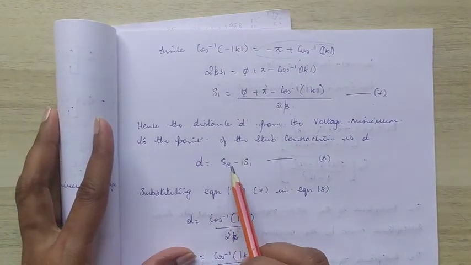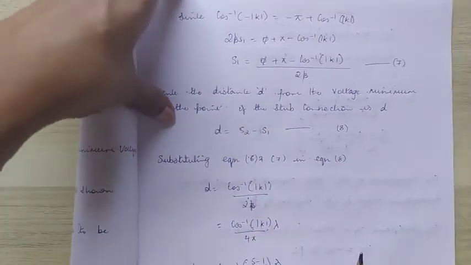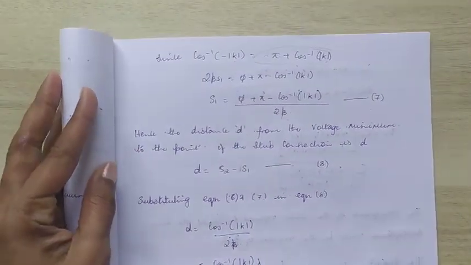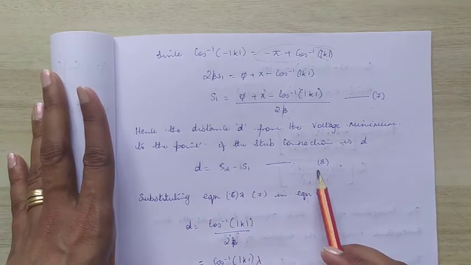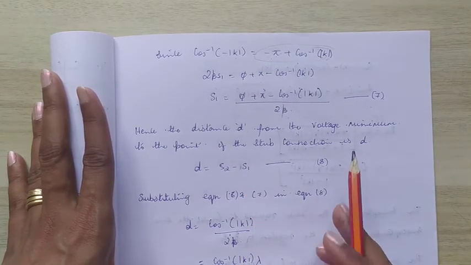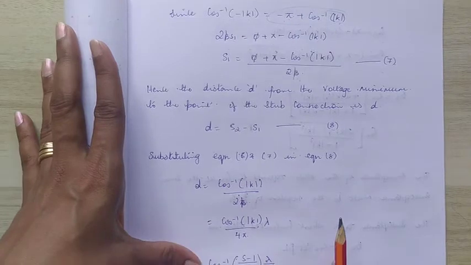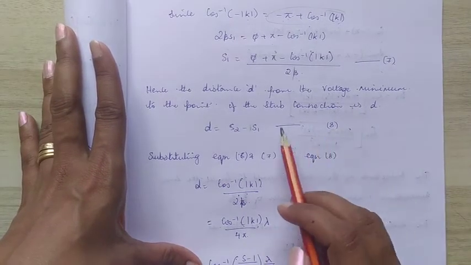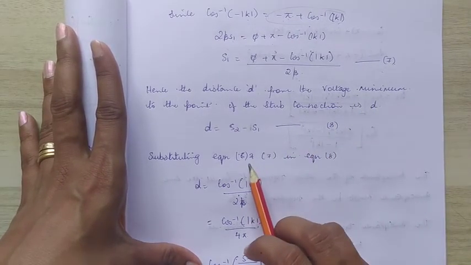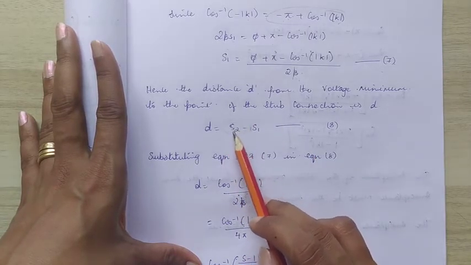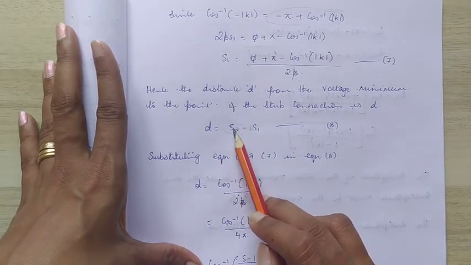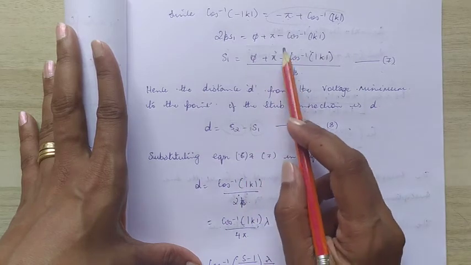D is equal to S2 minus S1, and we are calling that equation number 8. So we substitute equations 6 and 7 in equation 8, substituting the equation of S2 and the equation of S1, which is this.